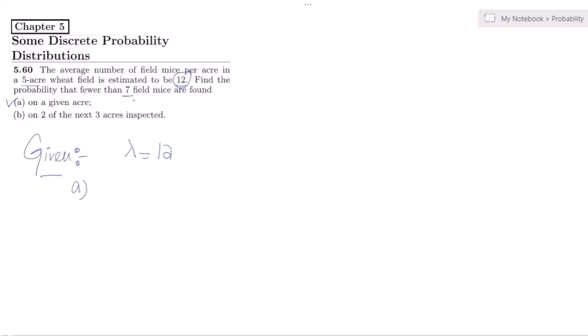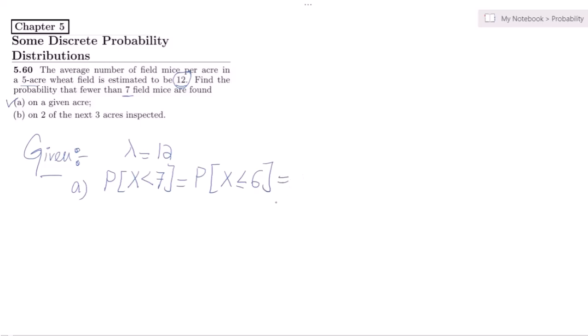Okay, so here we have this, and what do we have to find out? In A, we have to find the probability that fewer than 7 field mice are found, or the probability that x is less than 7, which is the same as the probability that x is less than or equal to 6.